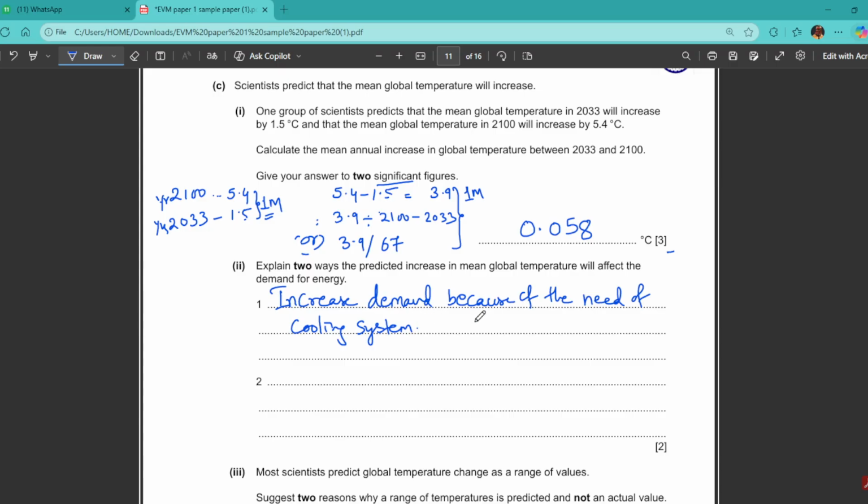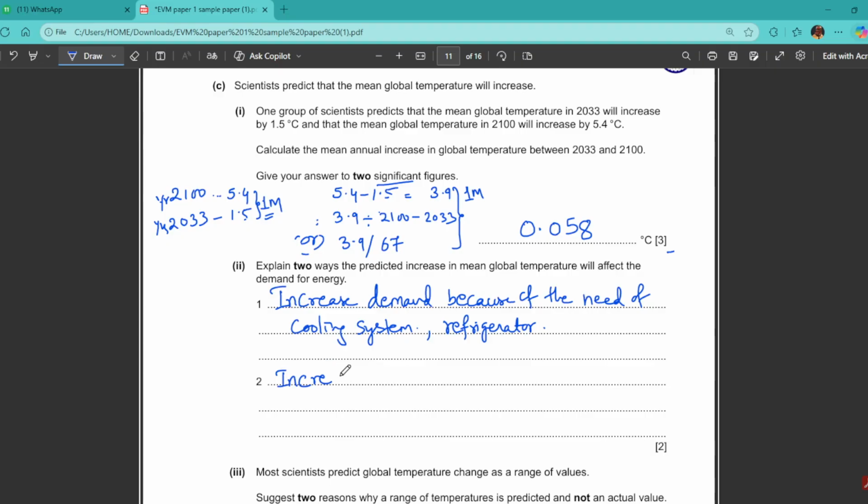Also increased demand of the energy for cooling system, or you can write refrigerator, right? Okay, next one, increased demand because electricity generation would be more difficult, because population is increasing, sufficient energy has to be supplied, and for that production also will increase, right?